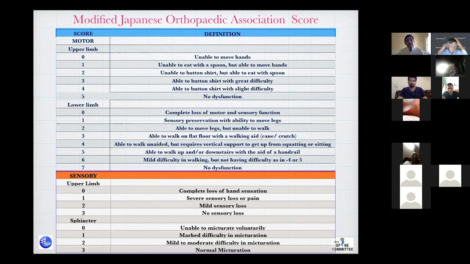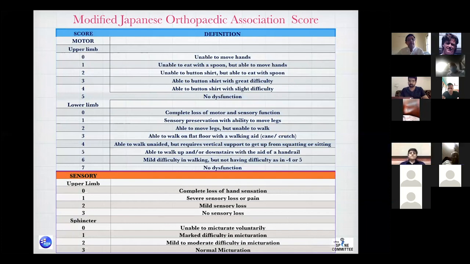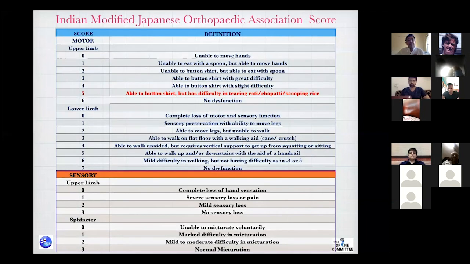Now, this can be modified slightly according to the countries and according to the places where they are. Now, in India, there's a small one particular upper limb motor function being added. You can see here, able to button the shirt, but has difficulty in tearing the roti and chapati and scooping the rice.